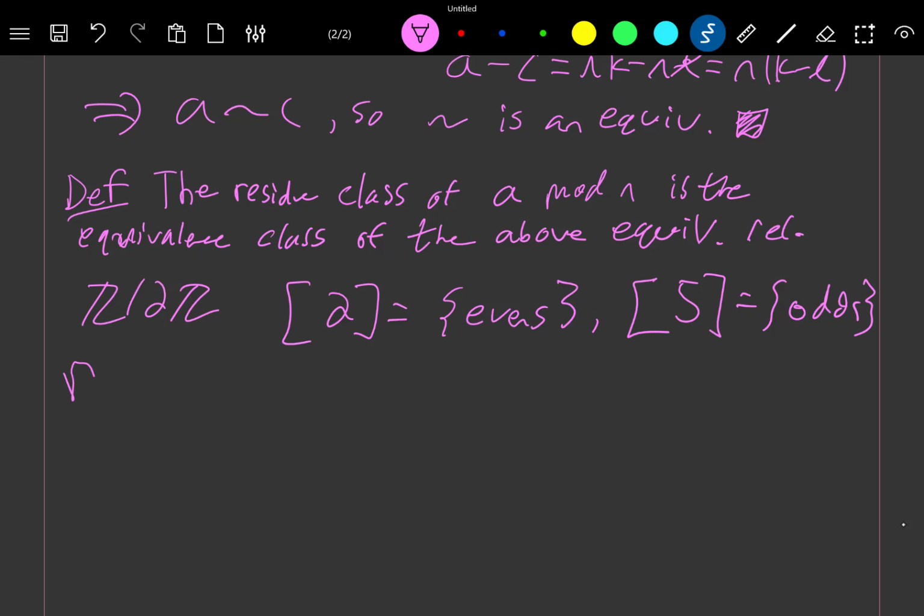And so now we can talk about a system of representatives.